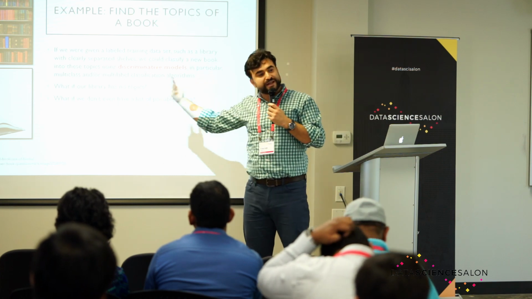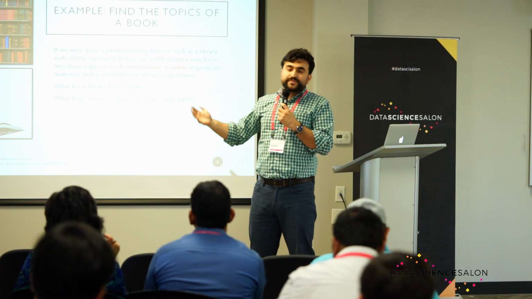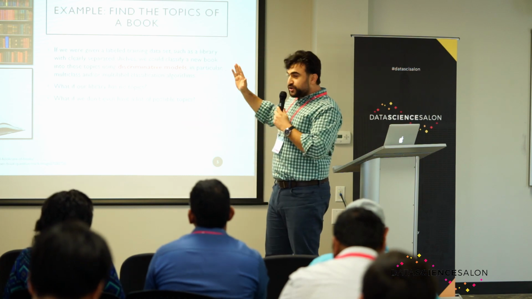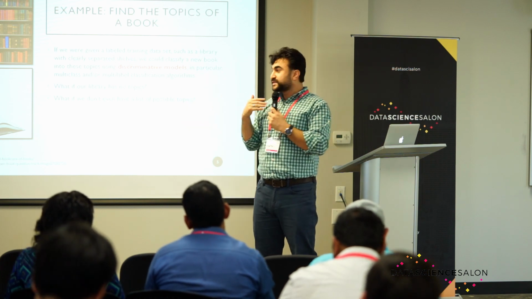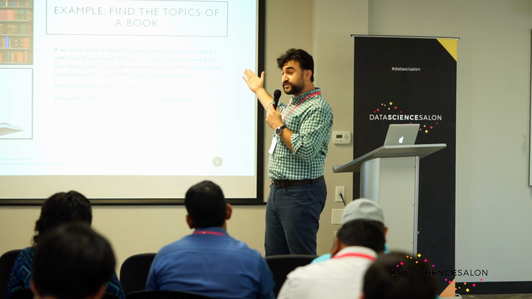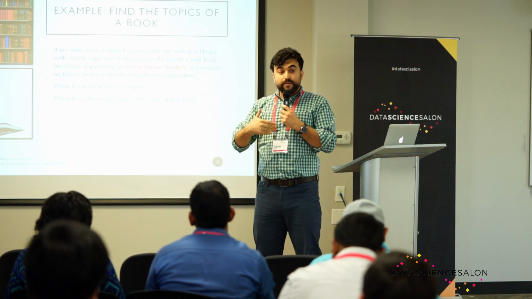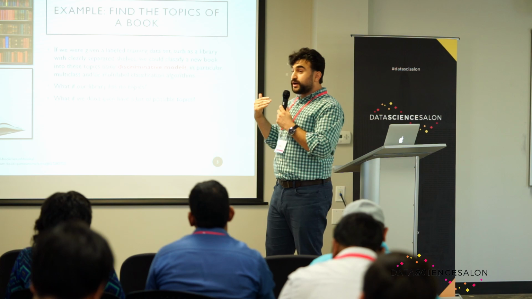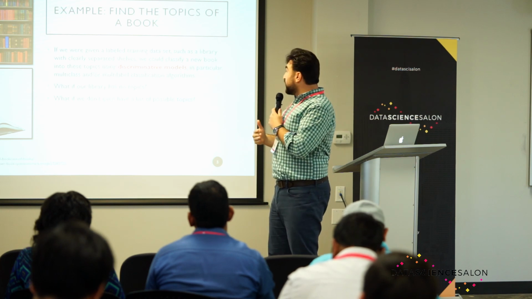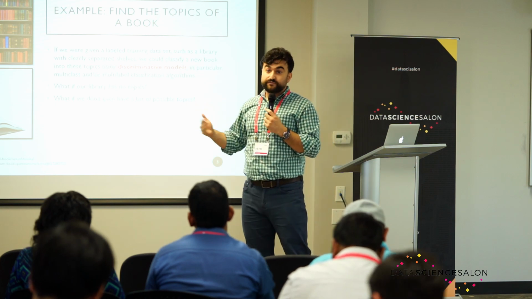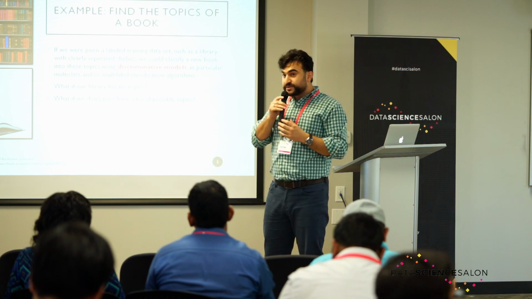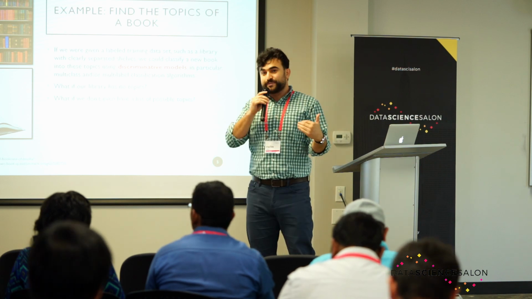You can go multi-class, multi-label, however complex you want to be, right? Since we know these labels, we can basically apply discriminative models, which we mostly use for classification purposes, and basically we are good.